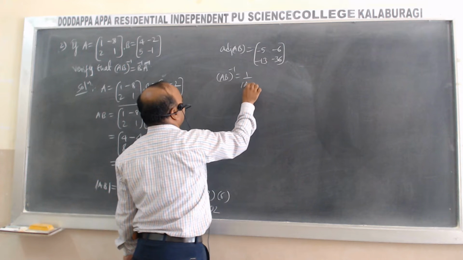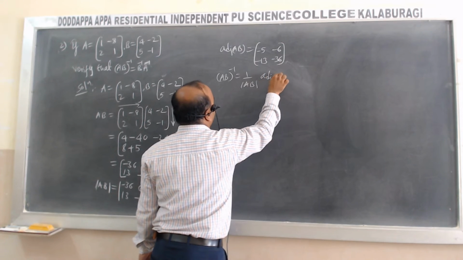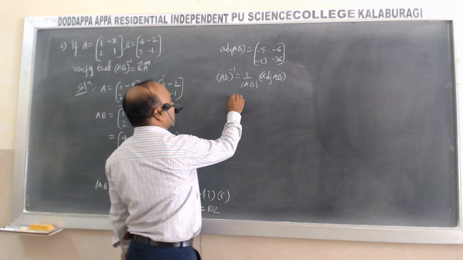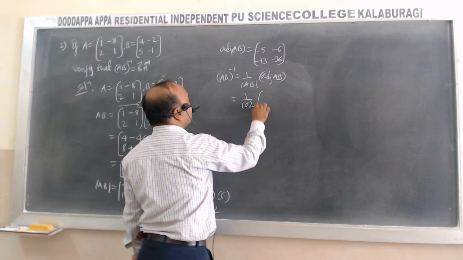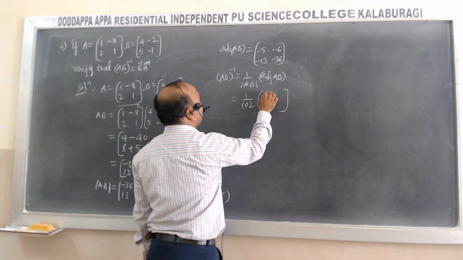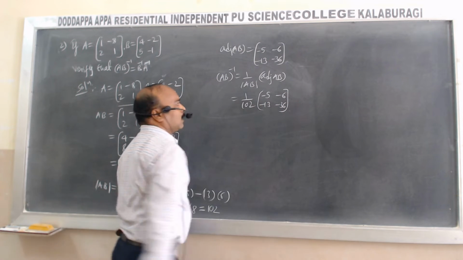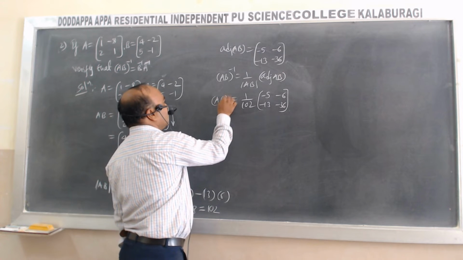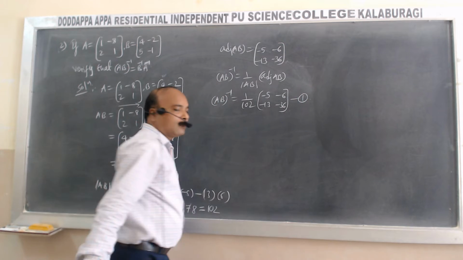It is given by 1 by determinant of AB into adjoint of AB. Now we substitute the values. It is 1 by 102 into [-5 -6; -13 -36]. It is AB inverse. Now we call it equation number 1.